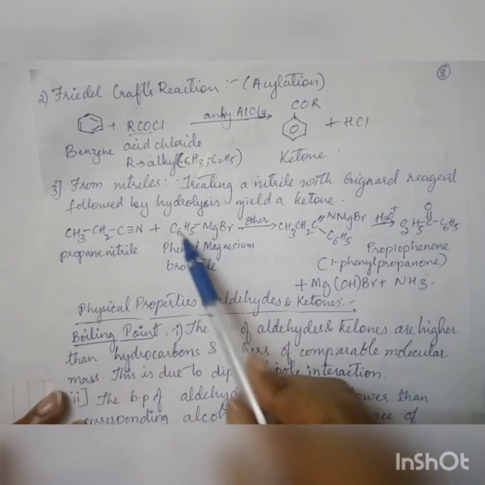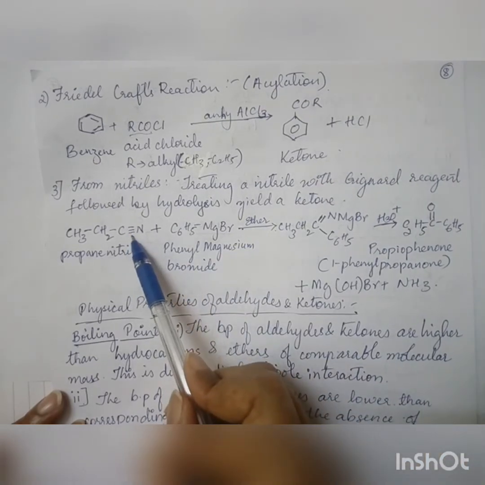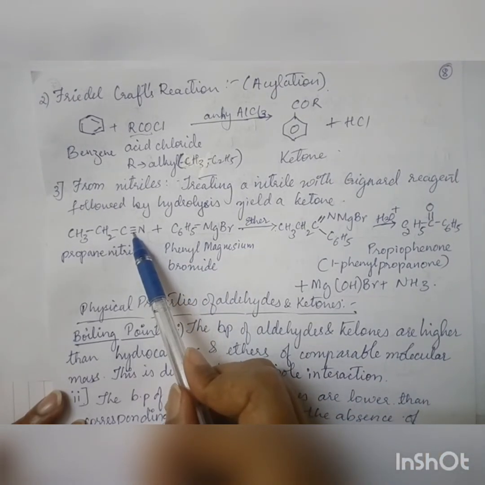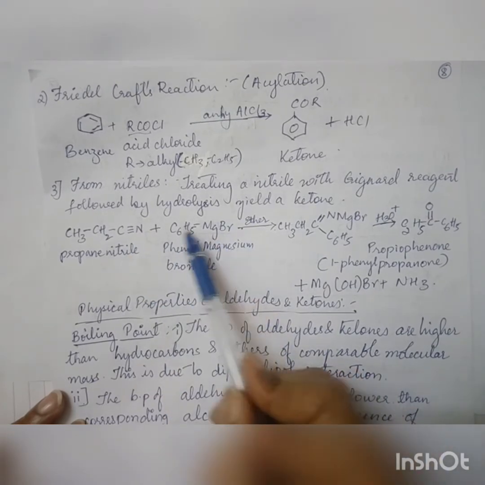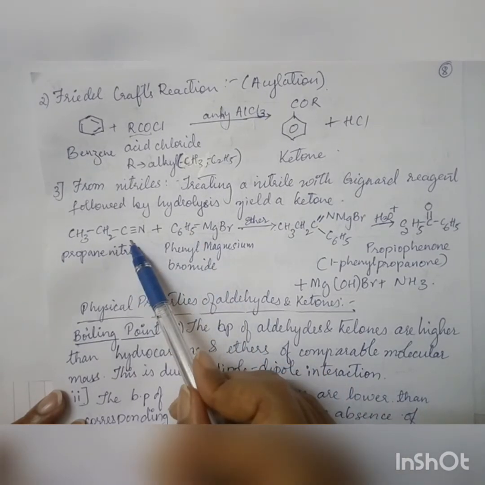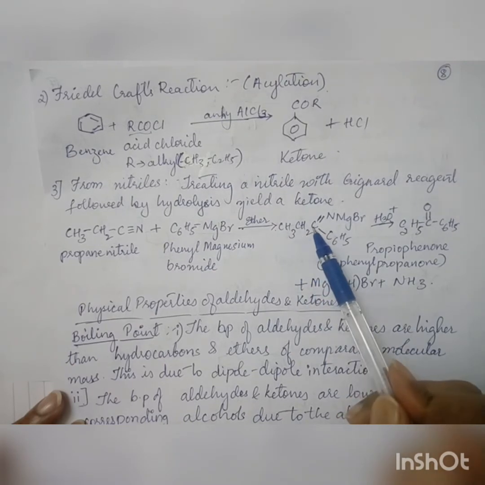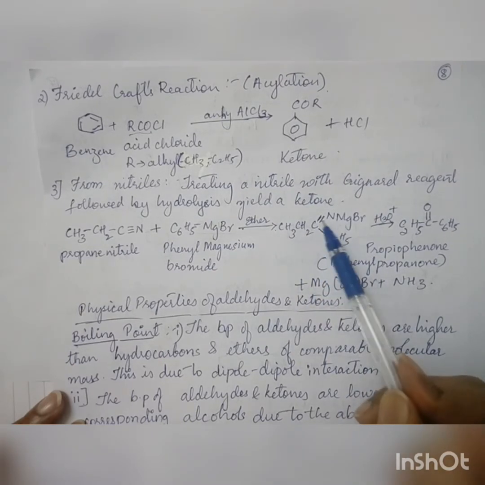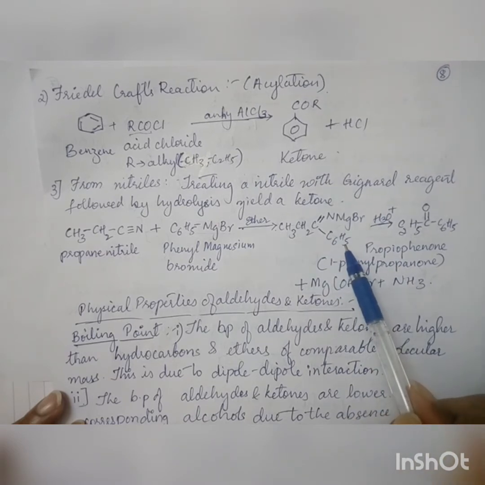When we treat this one in ether medium, out of this triple bond, one of the bonds is going to break, and to this N, this MgBr is going to combine, and this C6H5 combines with this carbon. So it leads to the formation of the compound CH3CH2C double bond NMgBr and single bond C6H5.